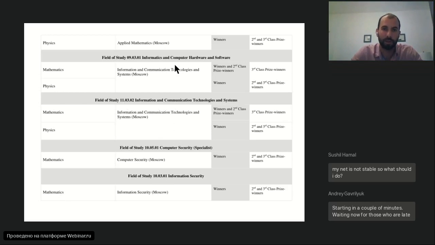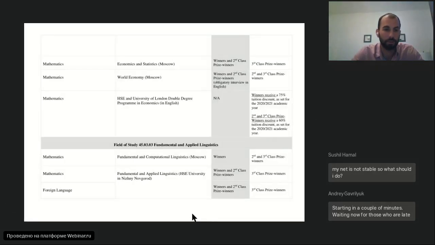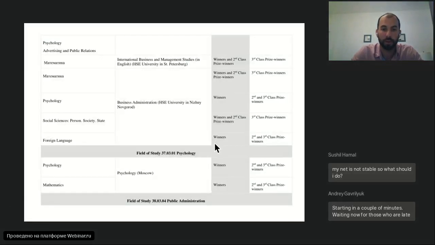You can see informatics, mathematics, computer science, computer security here, but we also have a humanities block, which also takes the results of the mathematical competition, like linguistics, business informatics, which could also be technical, management, psychology.